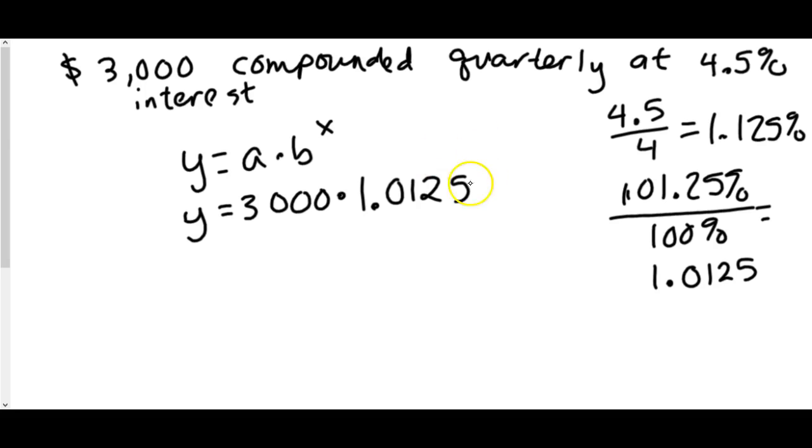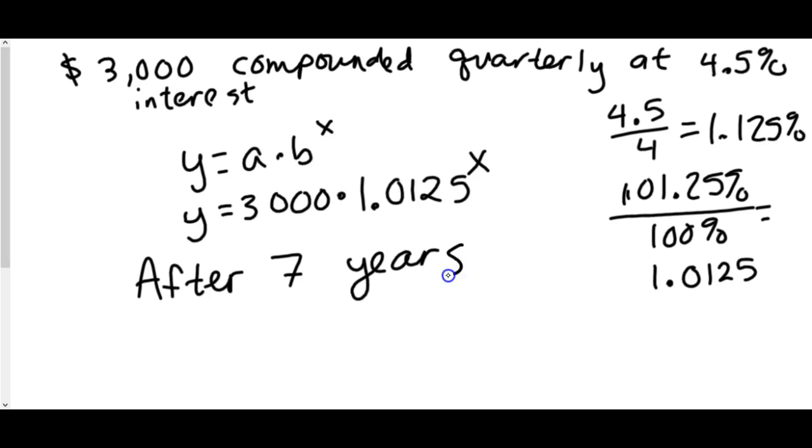Next comes our time. If they don't give us a time, we just put x. Once they want a time, let's say after 7 years. Again, this is compounded more than annually. We're not just compounding once a year, we're compounding 4 times a year.